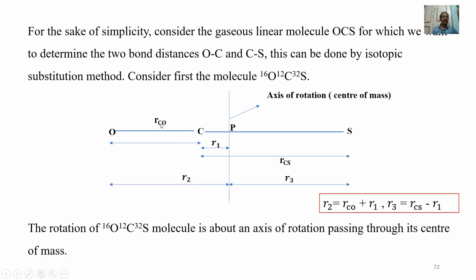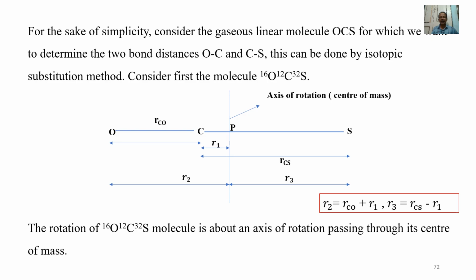So it is seen that R2 equals RCO plus R1. And on the right hand side, the distance between P and S is given as R3. The distance between C and S, that is the bond length between C and S, is given as RCS. And it is very clear that R3 equals RCS minus R1, that is, RCS equals R3 plus R1.